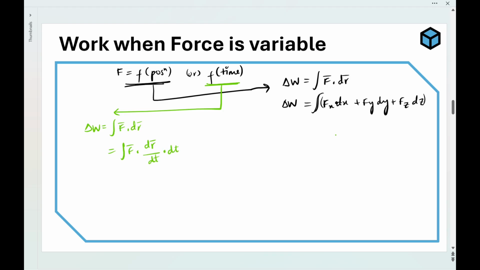Since we know that dr by dt is nothing but velocity, it is equal to F bar dot v bar dt. We have not discussed it yet, but power is F bar dot v bar in general. It will come in our upcoming videos. So we can write like this.